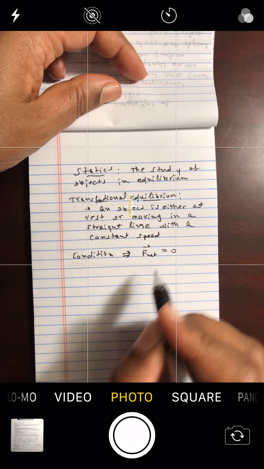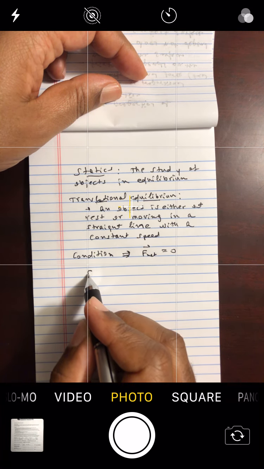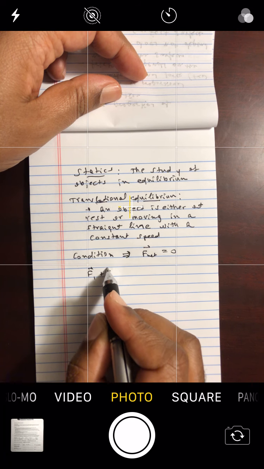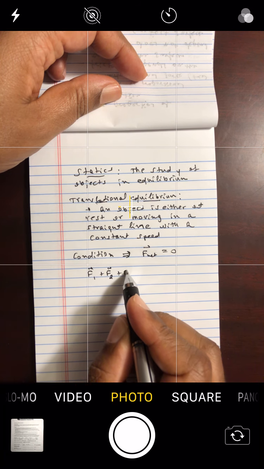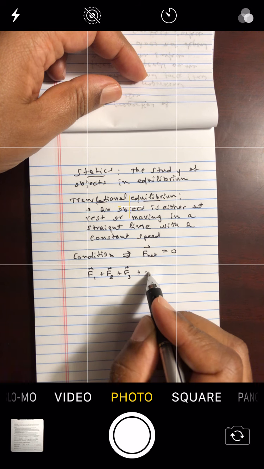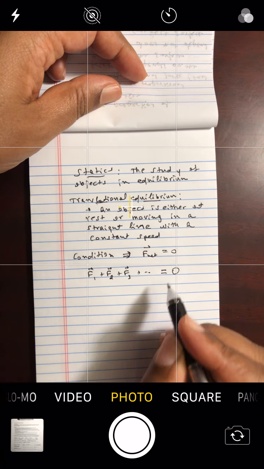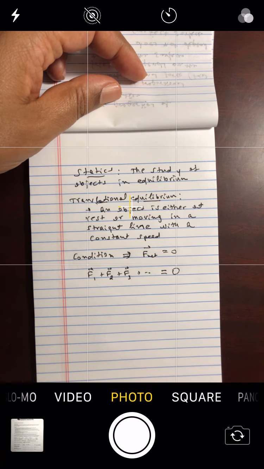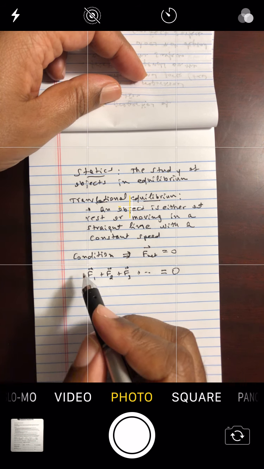That is, if you add up all the forces acting on the object, they should add up to zero if the object is in equilibrium. It's either at rest or moving in a straight line with a constant speed. Okay, so we can use this vector equation.